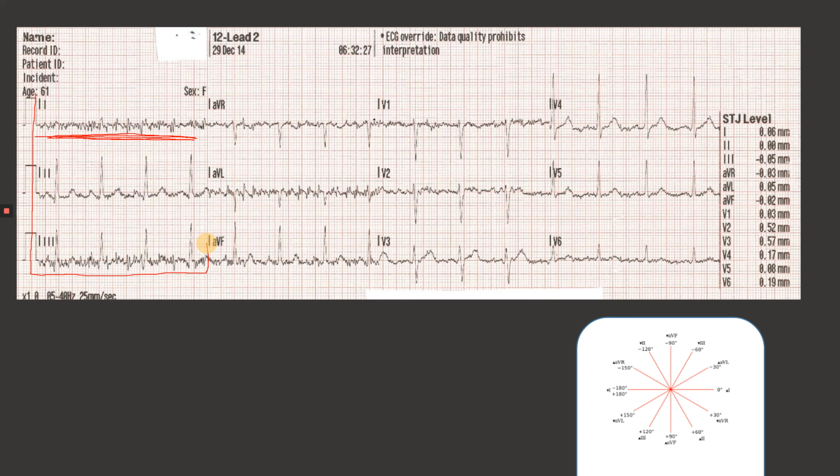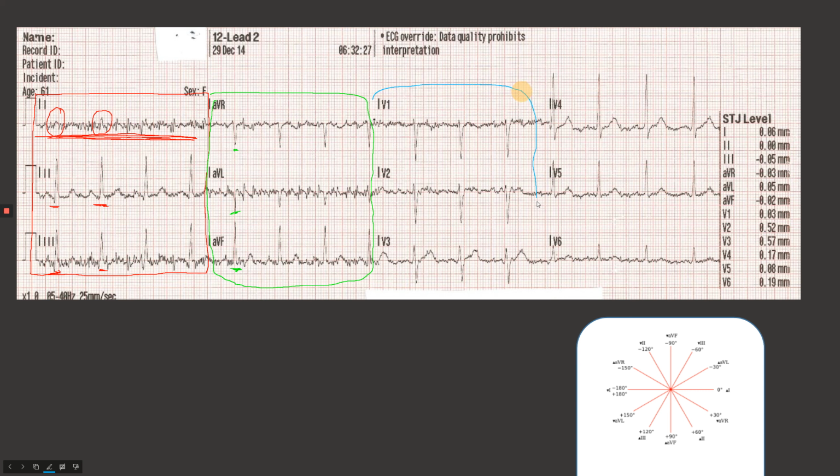So lead 1, 2, and 3 are all looking at the same moment. So this QRS is the same QRS as over here, which would mean that the QRS is somewhere right here. And again, this QRS is the same as this one, which means the QRS is somewhere around here. And each column progresses forward a little bit in time. So AVR, AVL, AVF, that's a different moment in time, but again, same one throughout right here.